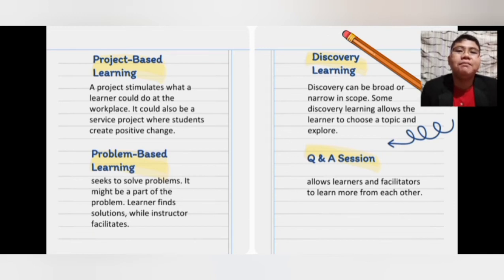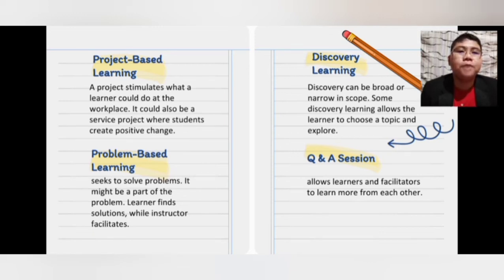So here in the problem-based learning, the learning of the students can be determined in the solution that the students can generate or formulate to solve the specific problem.